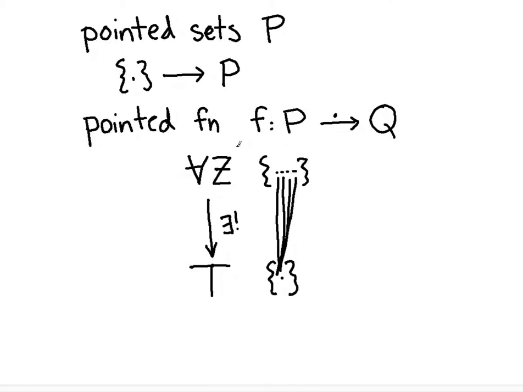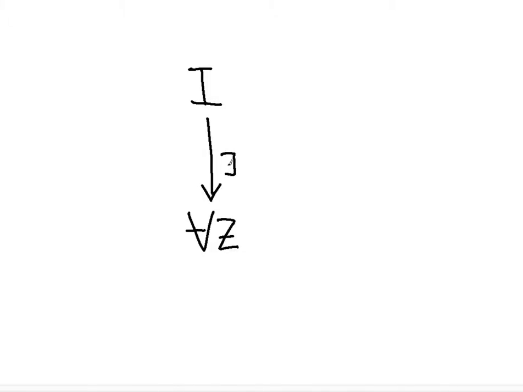So let's see what happens when we turn around the arrow in the definition here. Well, what do we get? We're going to get a set that I'll call I for initial, because it's beginning, such that for all Z, instead of going into I, it comes out of I. And there's a unique way to do that.